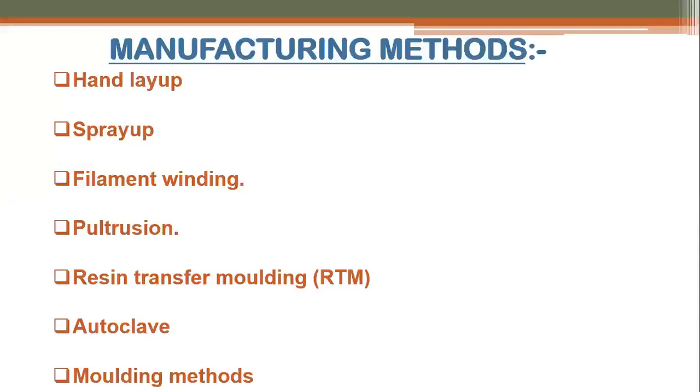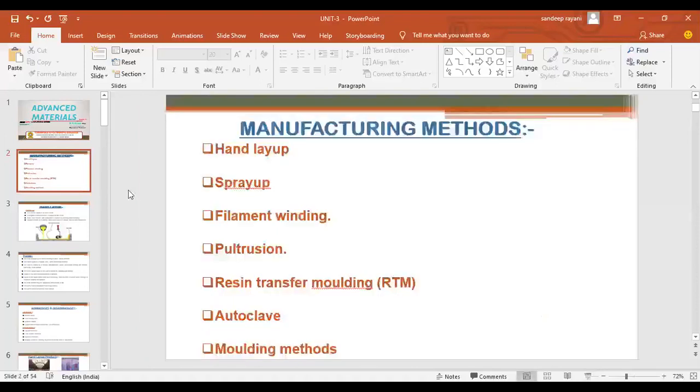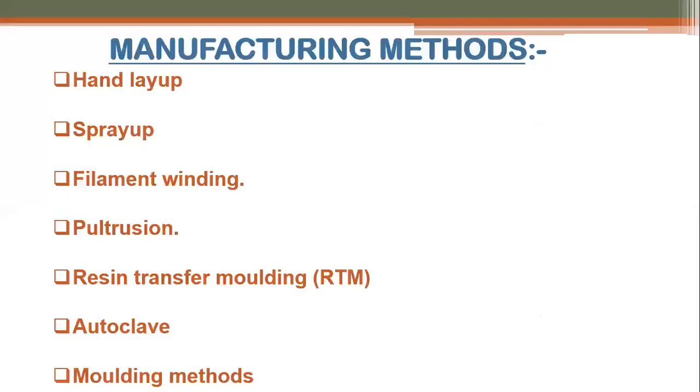These are the different types of manufacturing methods for polymer matrix composites. The first one is hand layup, then spray layup, filament winding, pultrusion, resin transfer molding, autoclave, and different molding methods.